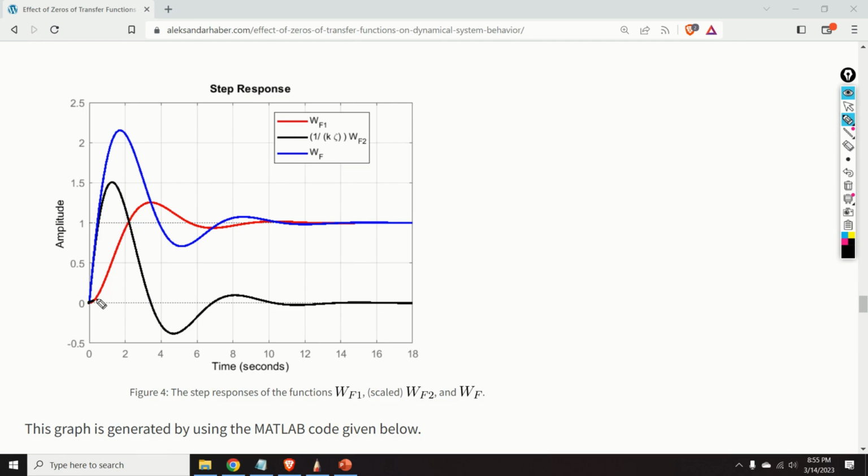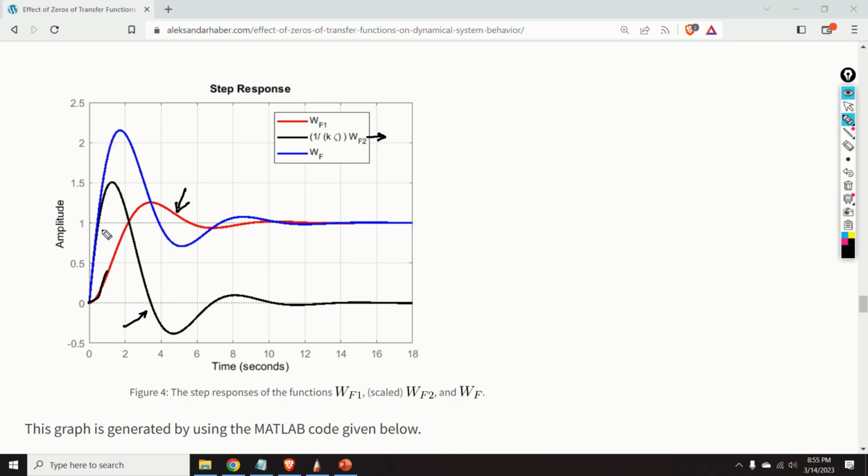The red line is the system without a zero. The dark line or the black line is the response of the second term corresponding to derivative action. And we can see that initially it's very high, and then it decreases, it also oscillates.